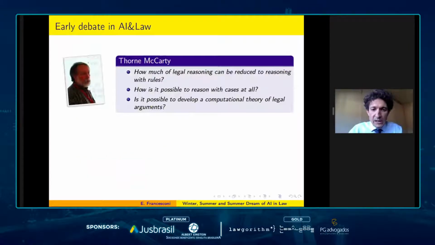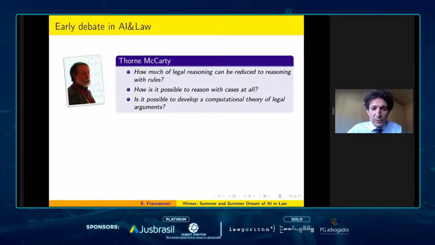And since the beginning, Thorne underlined some of the key questions in our domain. How much of legal reasoning can be reduced to reasoning with rules? How is it possible to reason with cases at all? Or is it possible to develop a computational theory of legal arguments?